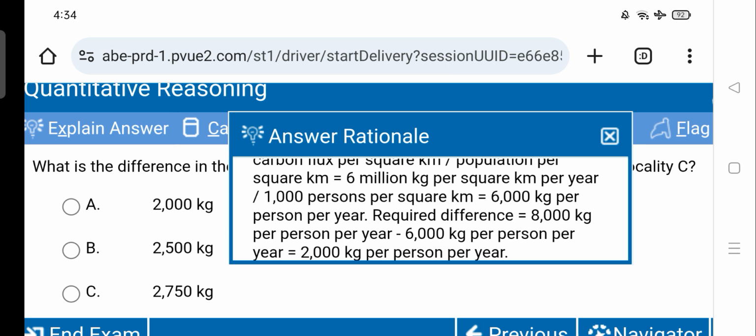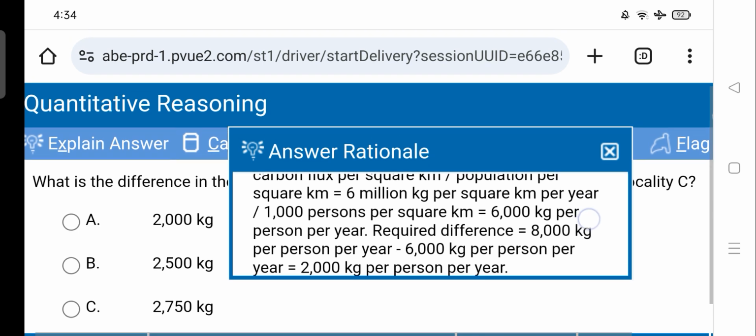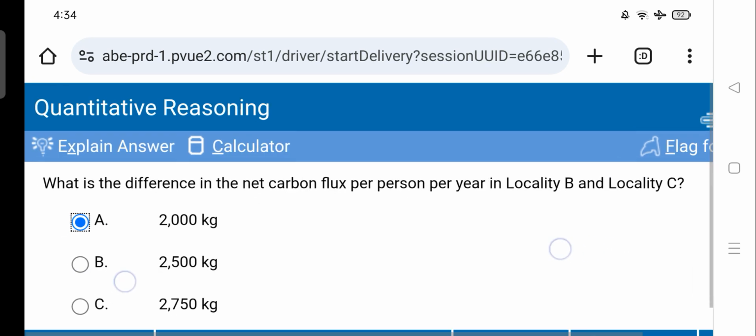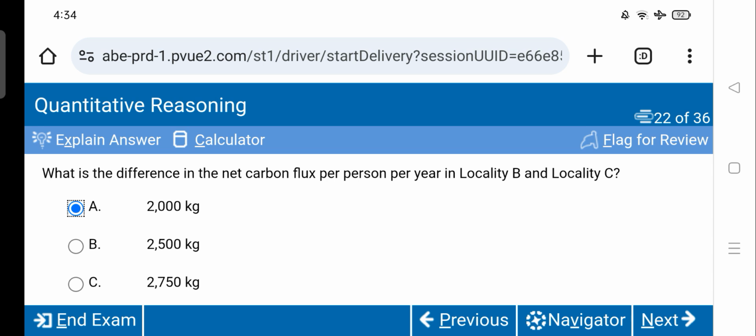So the required difference is 8000 per person per year minus 6000 kilogram per person per year equals 2000 kilogram per person per year. That's how we can say option A is the correct option, which is 2000 kilogram. This is the difference in the net carbon flux per person per year in locality B and locality C.